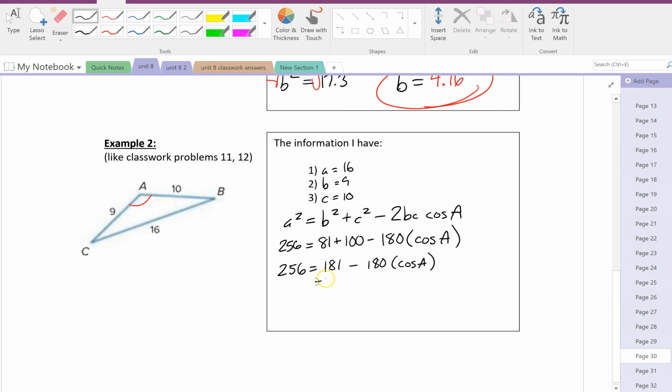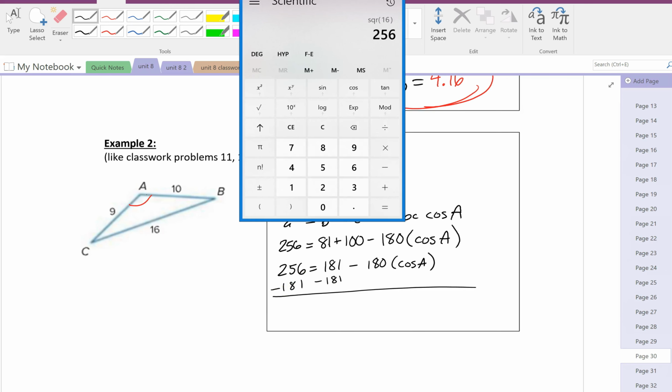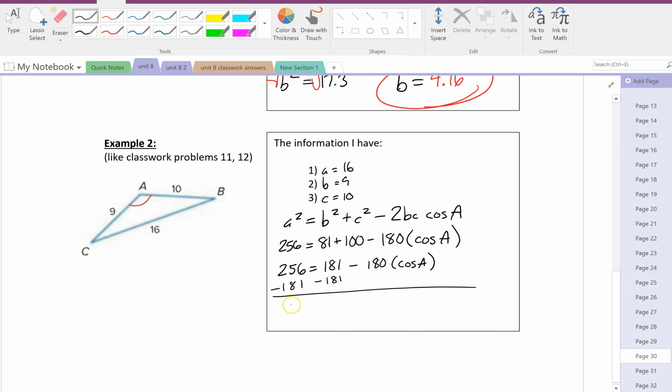I'm going to subtract 181 from both sides. So 256 minus 181 is 75 equals negative 180 cosine A. All right, so what I'm doing right now is saying negative 180 times cosine A, so I'm going to divide both sides by negative 180.